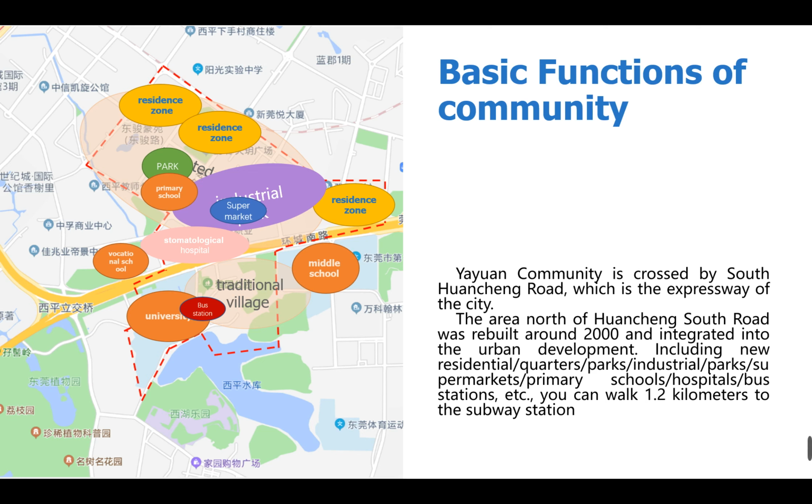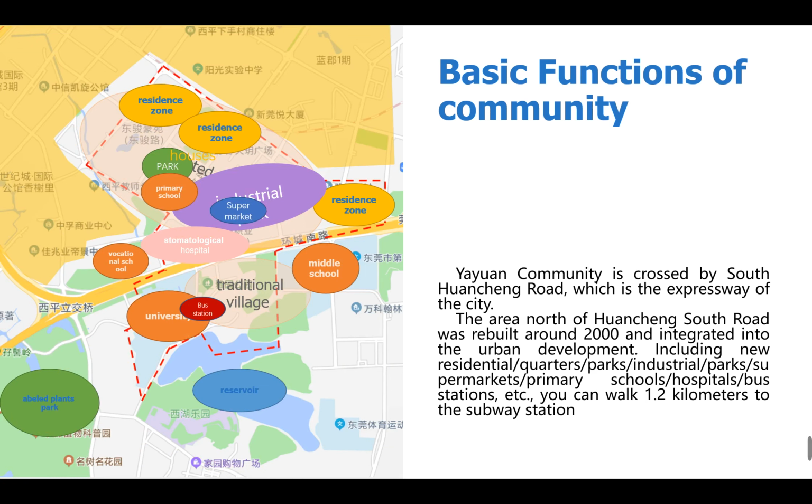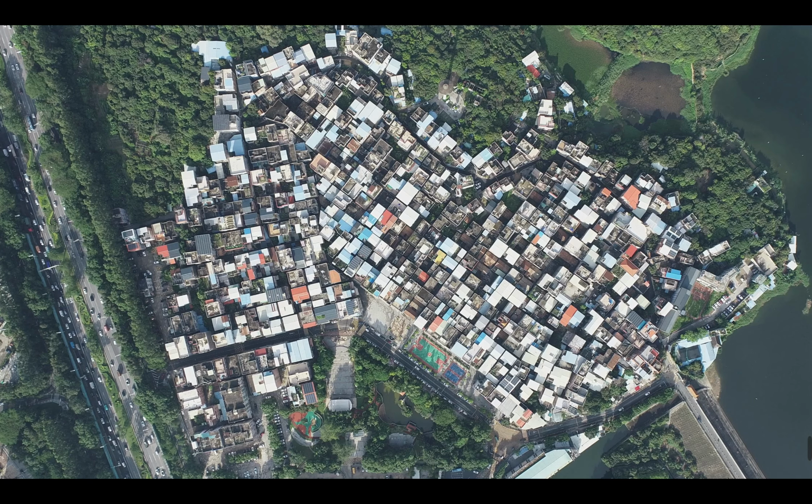The community is surrounded by new houses, schools, and parks. To the south of Huancheng South Road are the old villages of Yayuan community. The development history of the old villages has been 300 years, and it was developed by 3 families with different surnames.